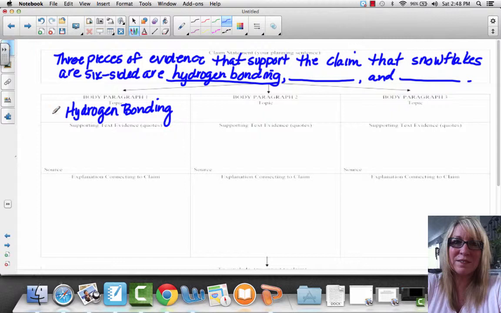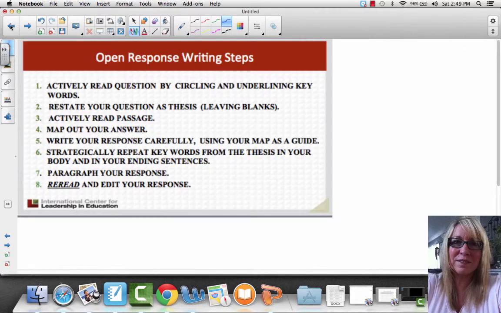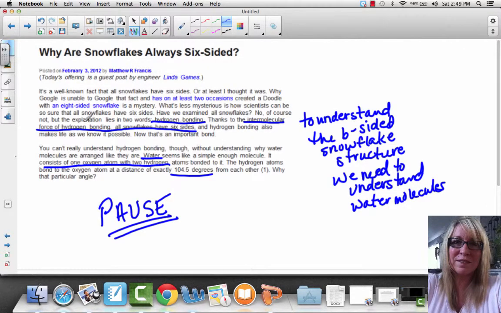So as I said, the first example that supports the claim that snowflakes are 6-sided is hydrogen bonding. So I'm going to go back to my article, and it says, thanks to the intermolecular force of hydrogen bonding, all snowflakes have 6 sides.